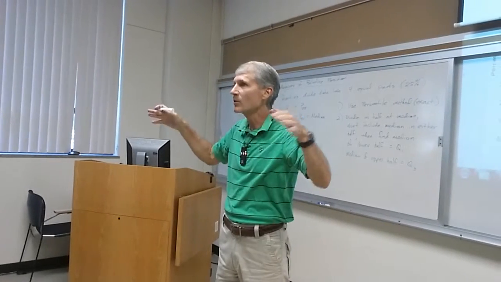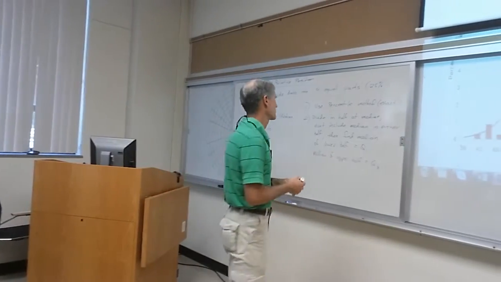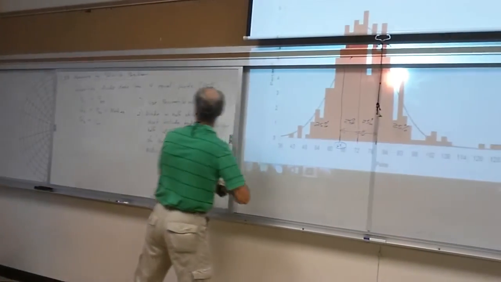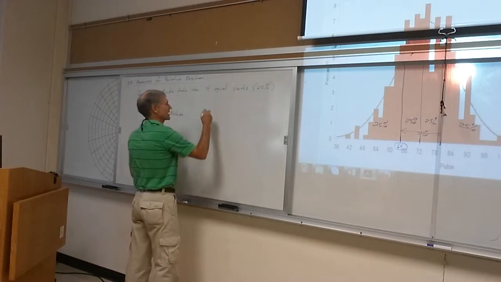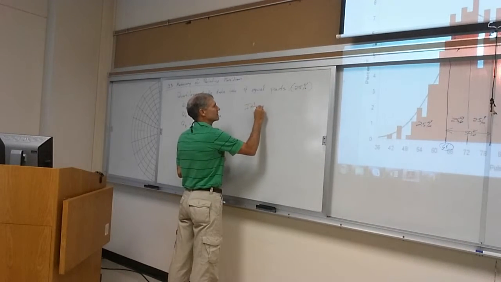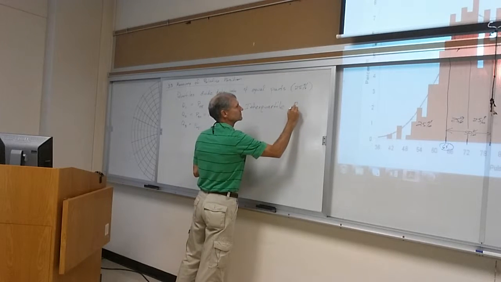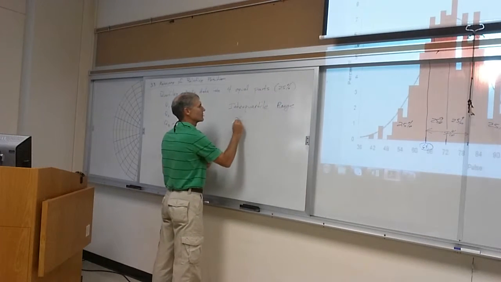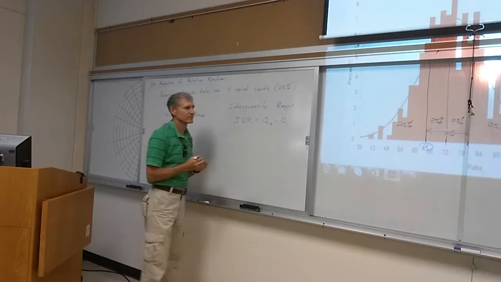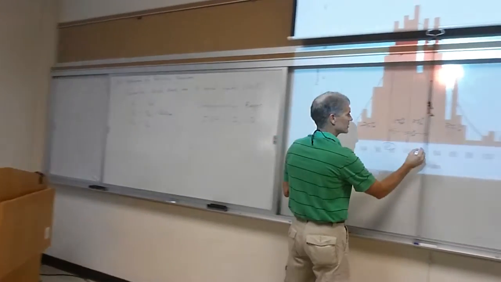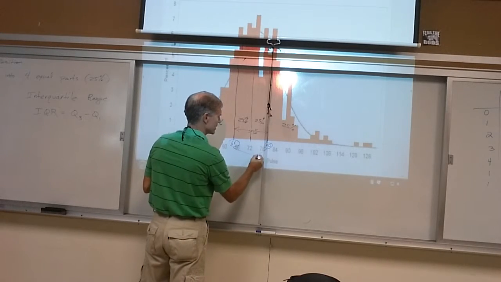The interquartile range, which we abbreviate IQR, is equal to Q3 minus Q1. So it's the distance between those two values.